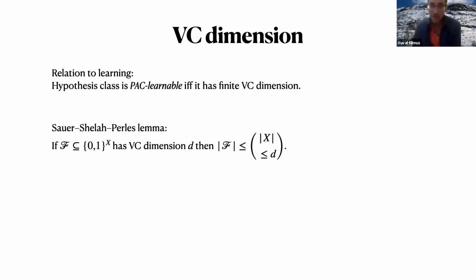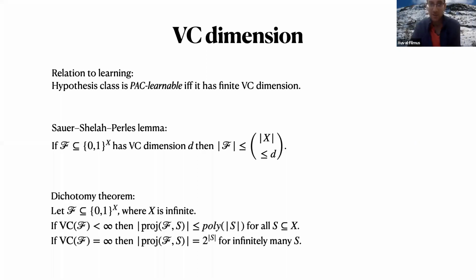We'll discuss how this kind of thing is proved soon. But first, a corollary, a dichotomy theorem. And this is about families of subsets of an infinite set X. Okay, so here's the deal. We look at the projection of our family onto some finite set S. So S is a subset of X, and we intersect all sets in F with S, and we see what we get.